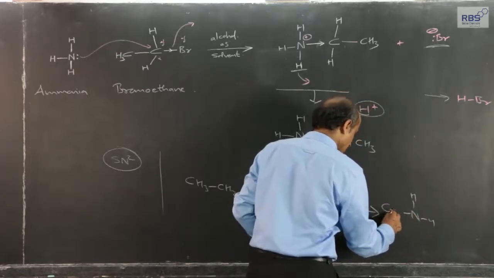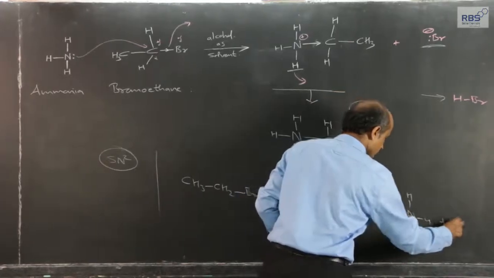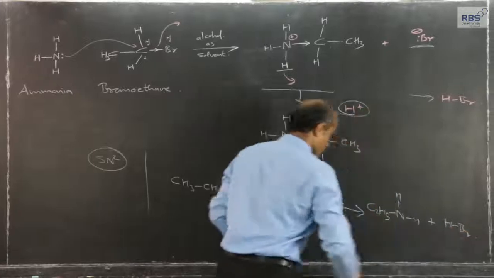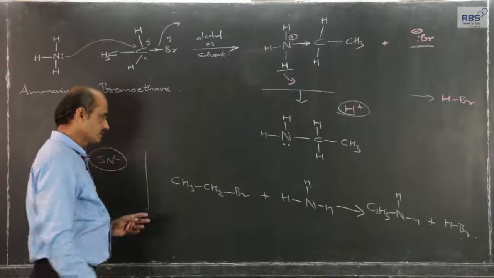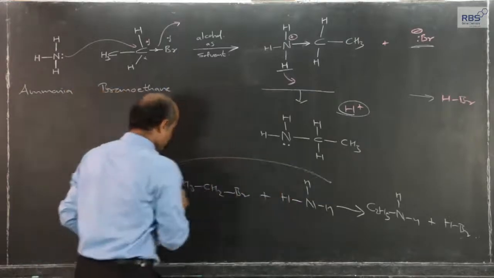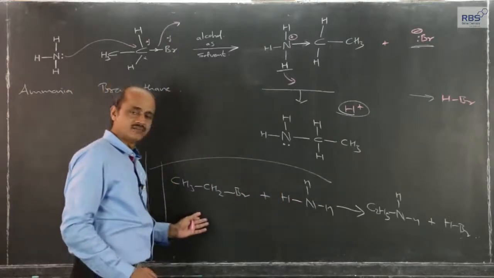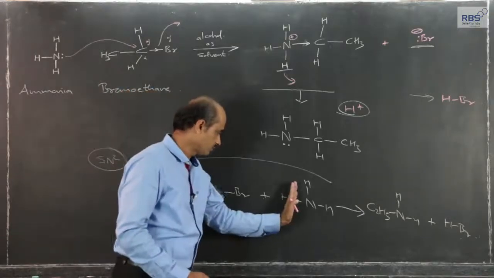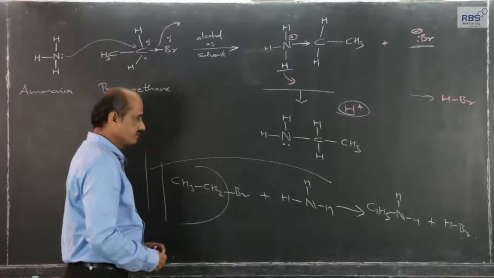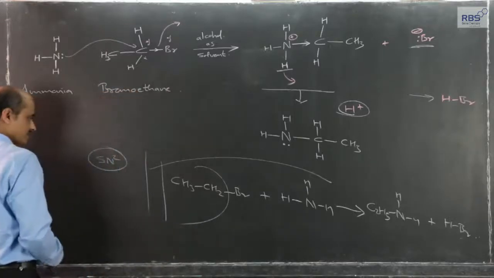It is no doubt. I will use short form. Normally this is written in this way. It is not wrong, but this does not indicate the mechanism. This is a substitution reaction, a hydrogen atom is replaced by alkyl group, but we should know the mechanisms.